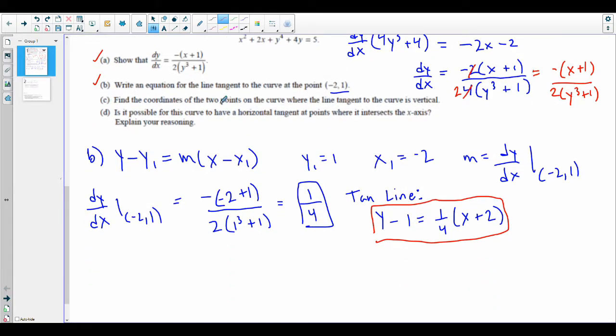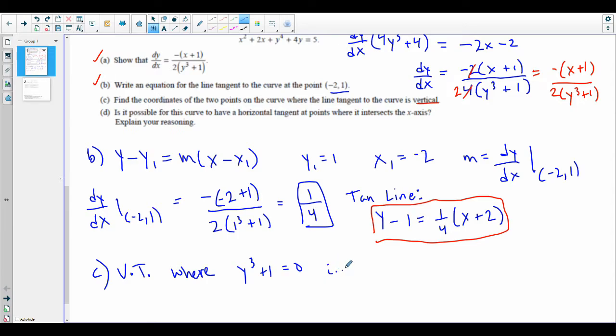Part C, find coordinates where we have a vertical tangent. You're going to have a vertical tangent wherever the slope is division by 0. So that's going to occur wherever the bottom of this fraction is 0, so wherever y cubed plus 1 equals 0.